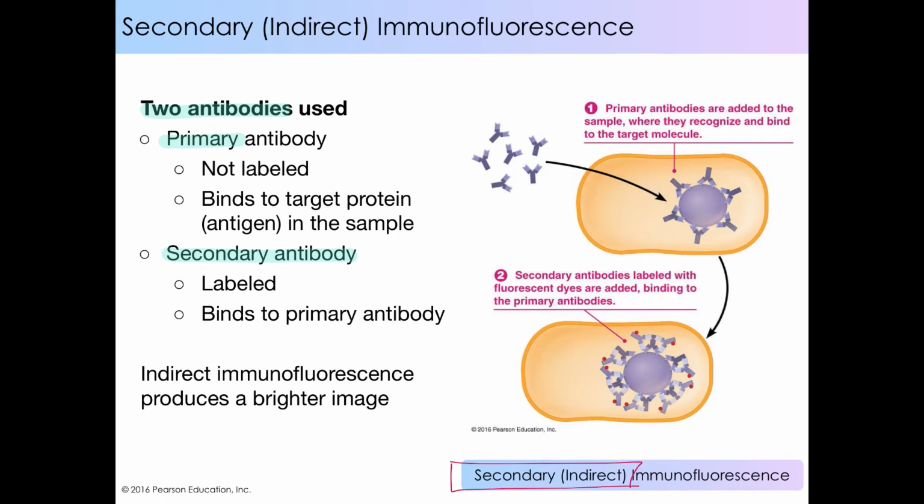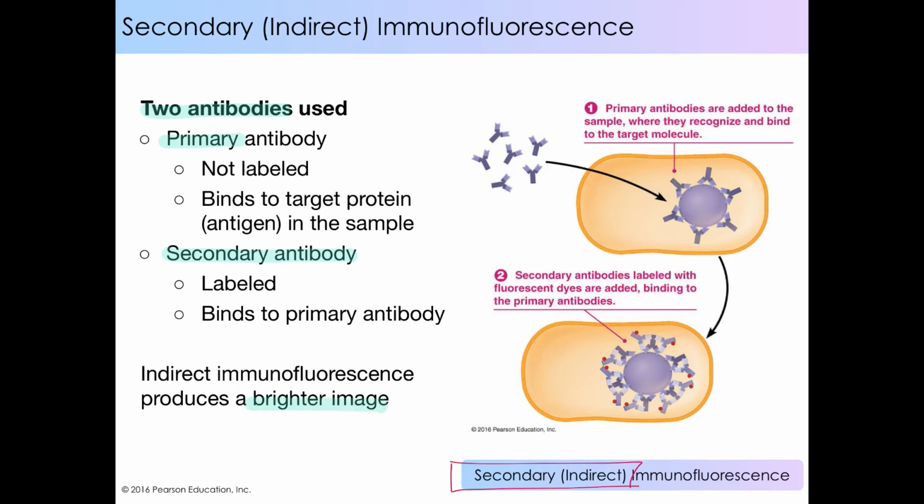Now, the secondary antibody attaches to the primary antibody because the primary antibody is the antigen to the secondary antibody. Now, indirect immunofluorescence is preferred over direct immunofluorescence. So secondary immunofluorescence is preferred over primary immunofluorescence because it produces a brighter image.